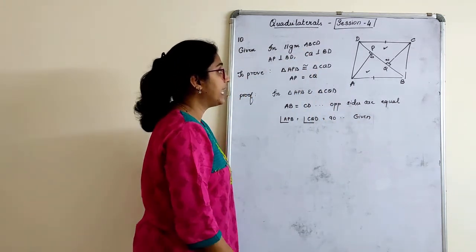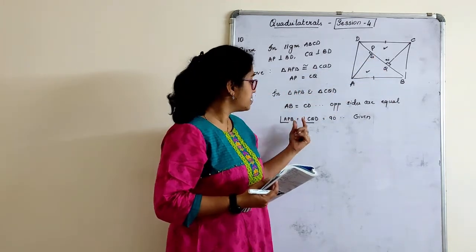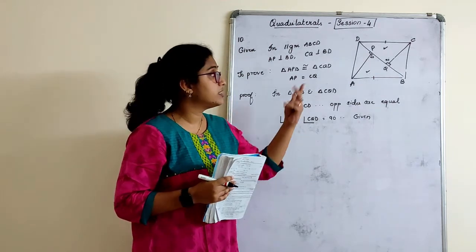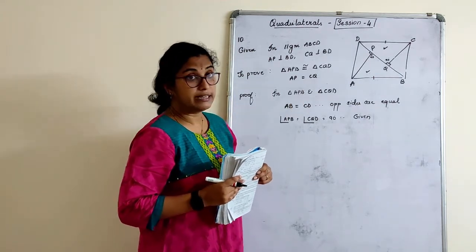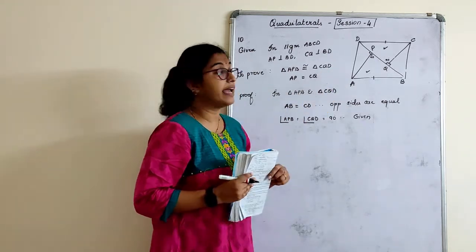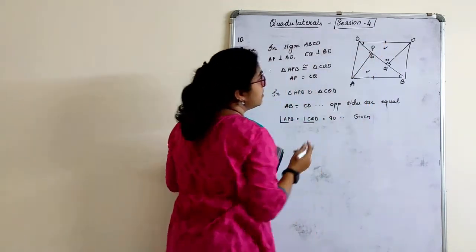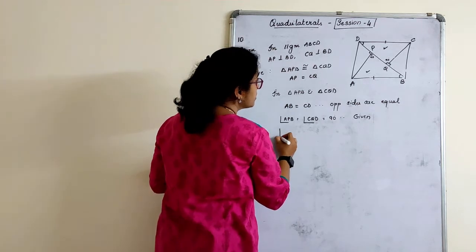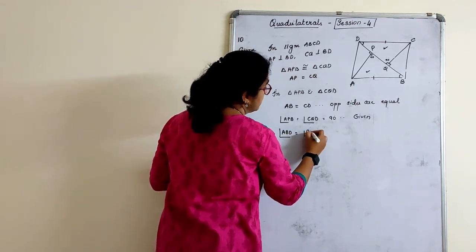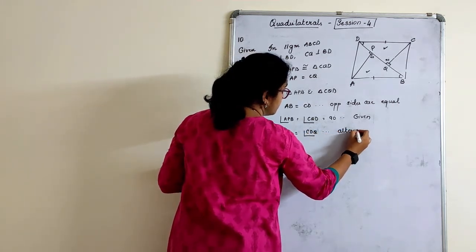One side and one angle are over. Now of course we have a 90 degree angle, which means this is a hypotenuse here. But do we have one more side to prove it by RHS? No, we do not have one more side here, so this can't be proved by RHS. I need to search for one more angle. Can I tell this angle is equal to this angle? Alternate angles. Angle ABD is equal to angle CDQ, alternate angles.